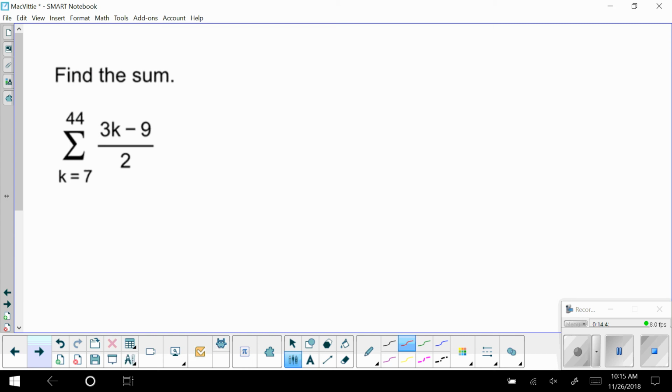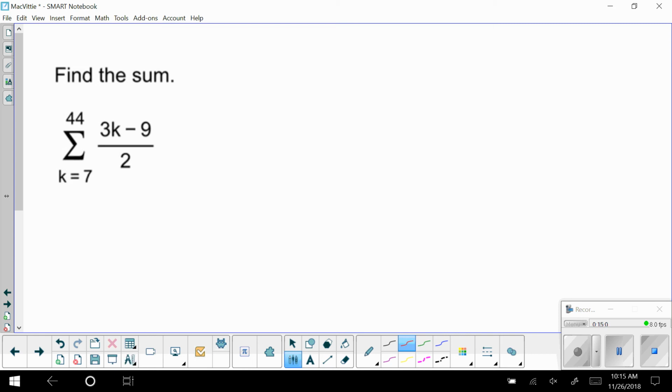My best advice I can give is actually write out the first few terms of this series, because it'll help you figure out, is this arithmetic or is this geometric? And then it helps you just visualize what's happening, because this is not a notation that most people are comfortable with, the sigma notation here.